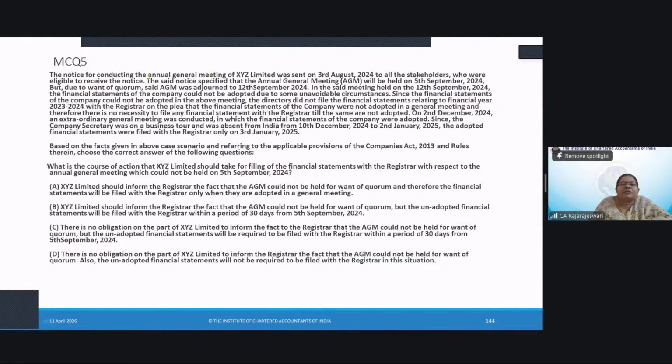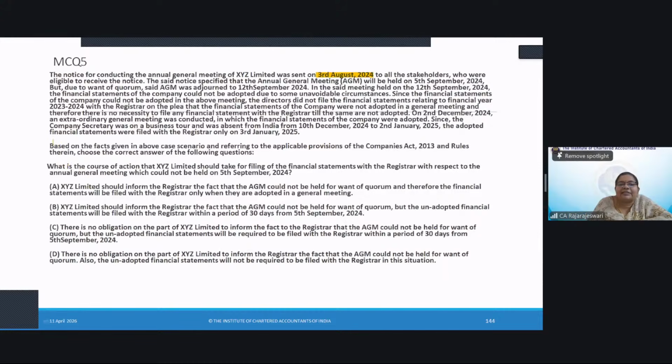Okay. Read the case study. The notice for conducting the annual general meeting of XY Limited was sent on 3rd August 2024. Now, before proceeding with the case study, you should see what questions are asked. Then, based on that, you should study the case study.